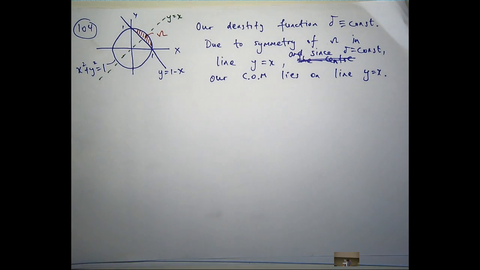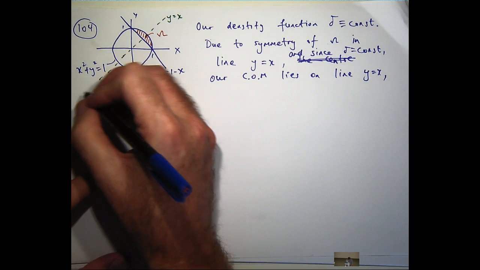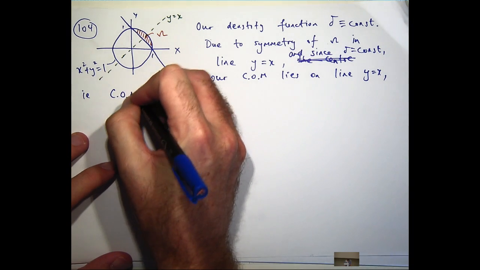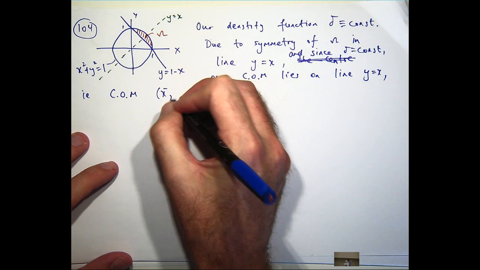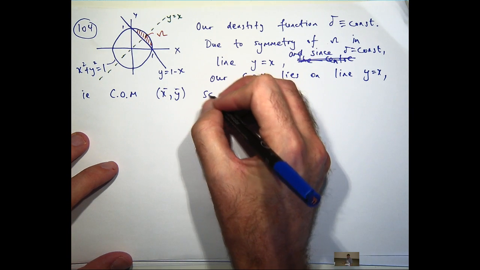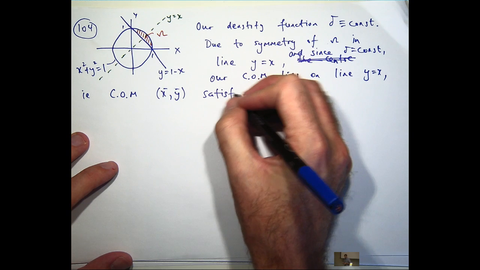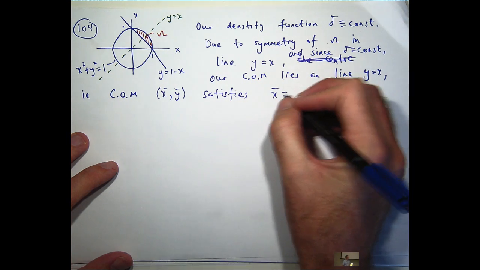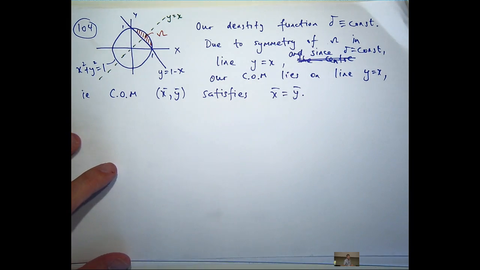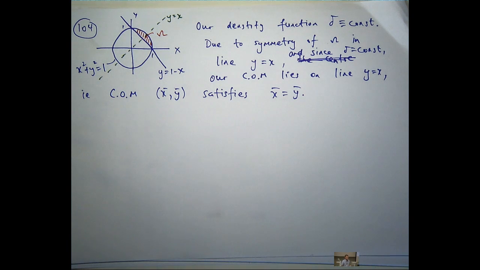Okay, so what does it mean? I.e. the centre of mass satisfies this. So in other words, we only have to find one of the components of our centre of mass point. Then we immediately have the other one.